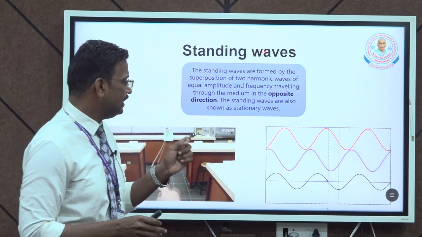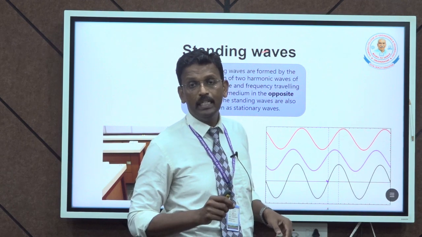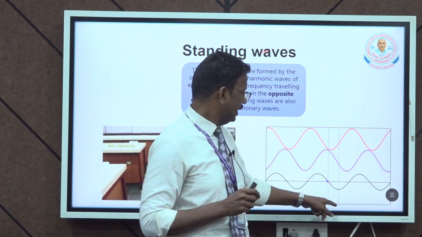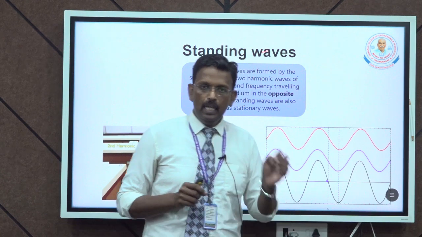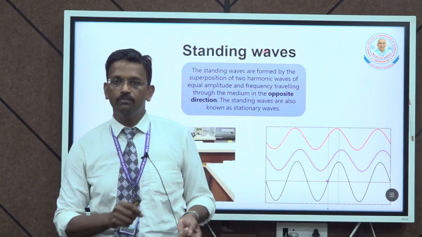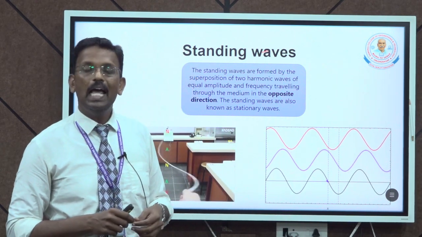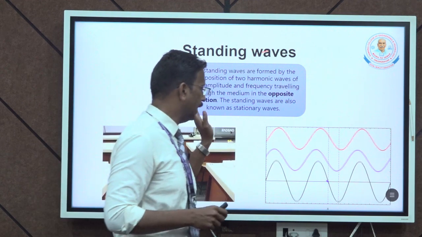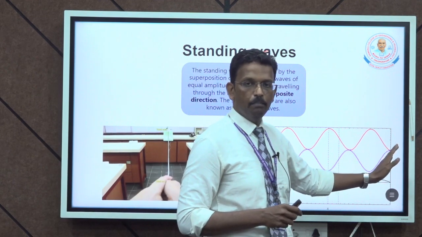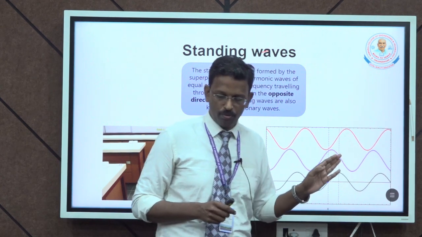So, destructive interference takes place at some positions, and we call such a position a node. At some other positions, the amplitude of the wave or the displacement of the particle is maximum. We call that point an anti-node. So, the entire standing wave pattern consists of many nodes and anti-nodes.